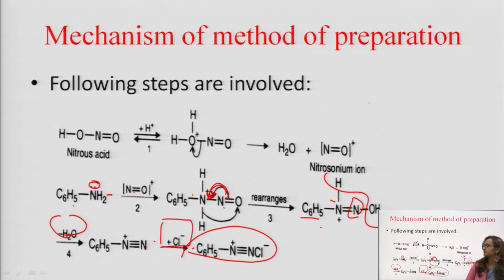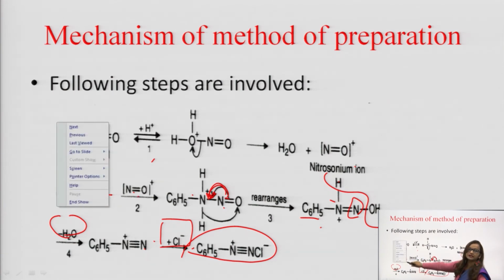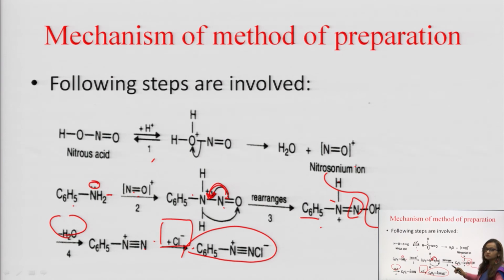So, you have seen that in nitrous acid, the active moiety responsible for the formation of diazonium salt is this nitronium ion, and this nitronium ion attacks aniline and forms the diazonium salt. So, this is the mechanism for the method of preparation of diazonium salt.